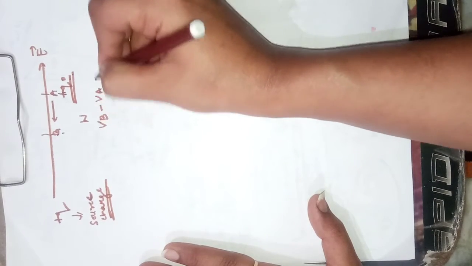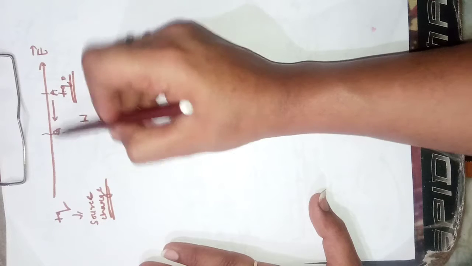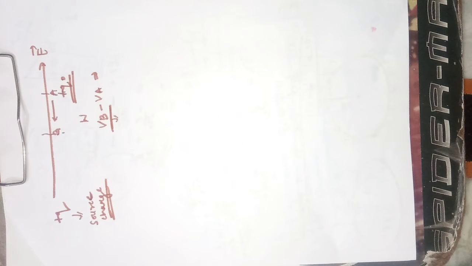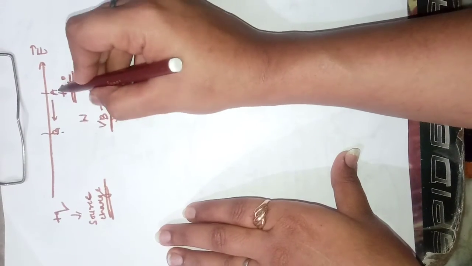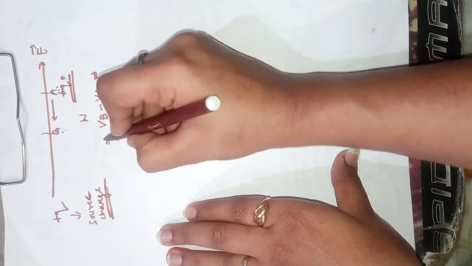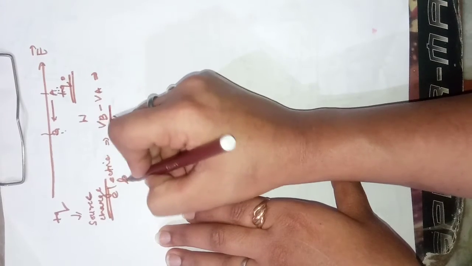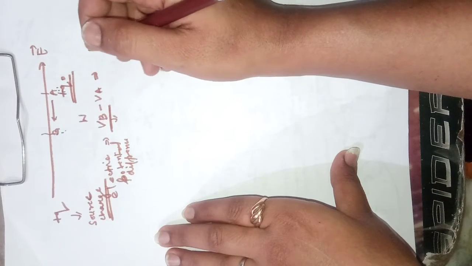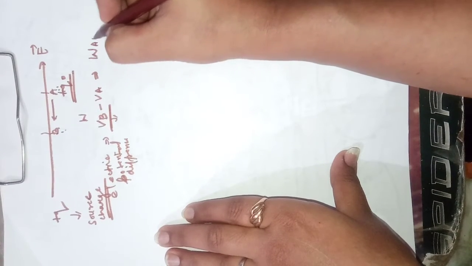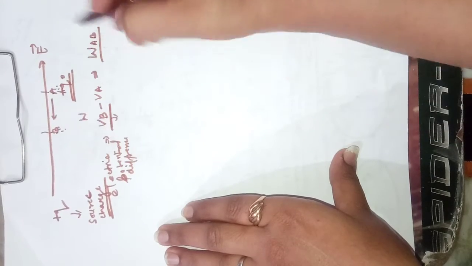That is given by VB minus VA. VB is the potential at point B and VA is the potential at point A. So the difference in the potentials at point B and at point A respectively is nothing but the electric potential difference, and it is given by the work done in moving the charge from A to B by the test charge.